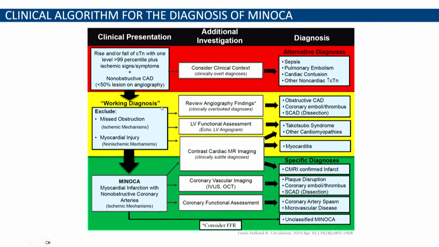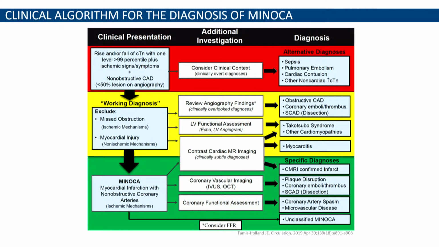And then you want to make sure that you really didn't miss any significant lesion on the cath, and that's what we did. And then you look for any other reasons to explain this: SCAD, Takotsubo, myocarditis. This is where MRI plays a very important role, because MRI is able to tell you if there is any myocardial necrosis or damage, and what is the most likely etiology for it.